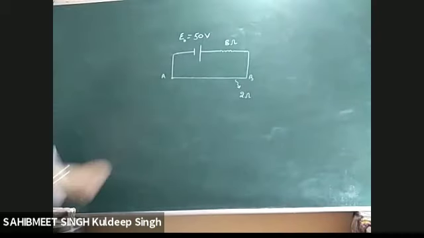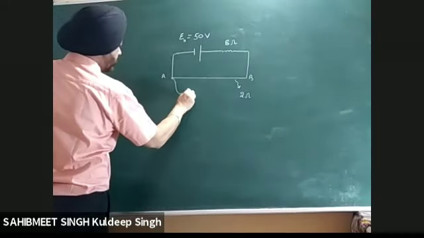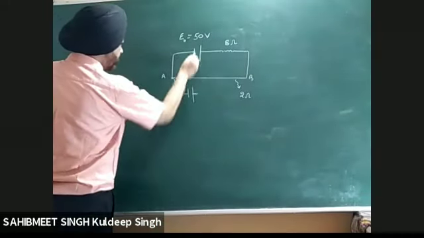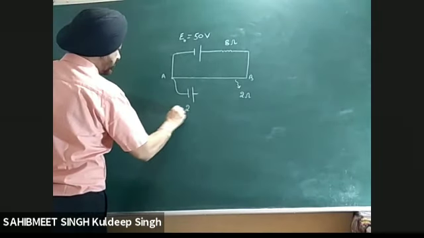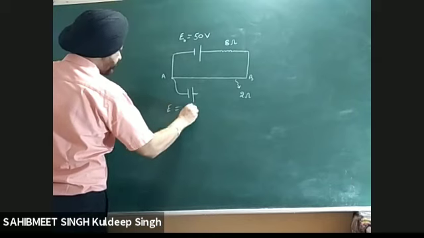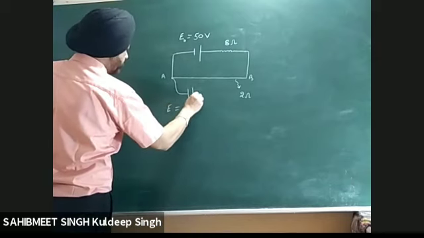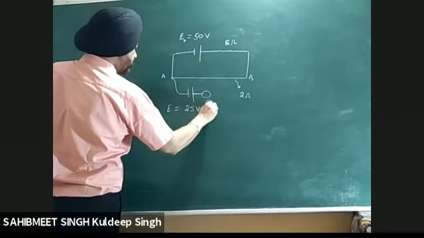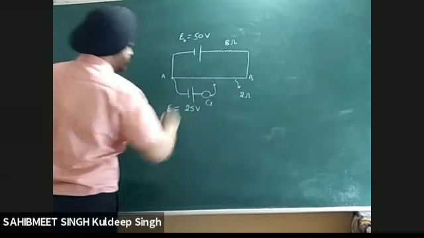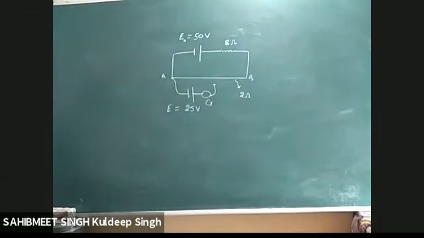This is given, and we are given a cell here, negative and negative I have connected properly. Its EMF is 25 volt, then the galvanometer and the jockey. This is the circuit given to me.